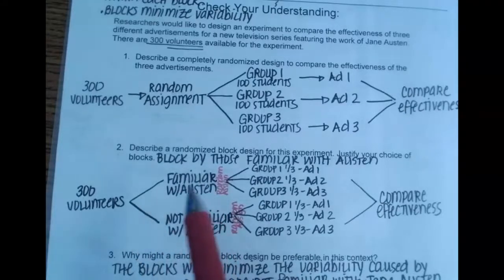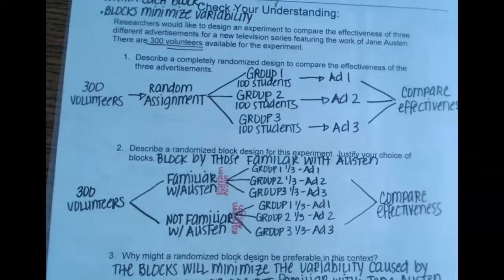The hard part here is really coming up with what could cause a difference in their response to the ads. If you have no idea who Jane Austen is, you will very likely act very differently than somebody who is a huge fan of Jane Austen. That will help us minimize the variability between these 2 groups and have a better understanding of their response to the ads.